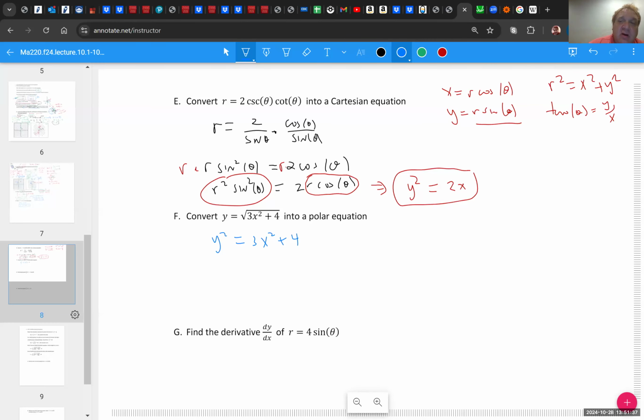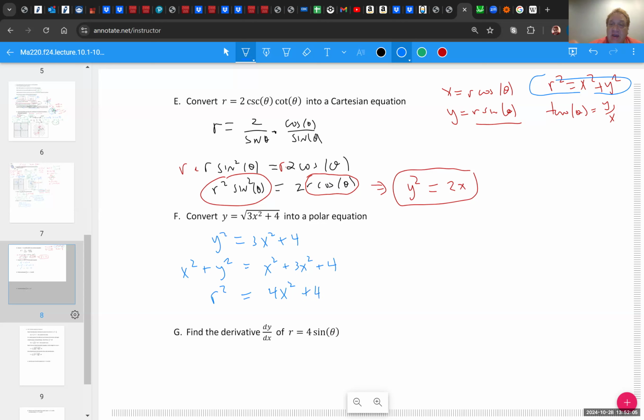So what I'm going to do here is maybe make something where I'm going to get an r squared. So maybe I'll just add x squared to both sides. Seems kind of funny, but I'm just trying to make it so that I have things that I can convert. So x squared plus y squared is definitely r squared. So I know that one. On the right-hand side, I have x squared plus 3x squared, which is 4x squared plus 4.